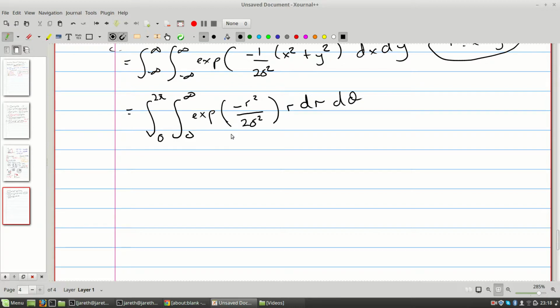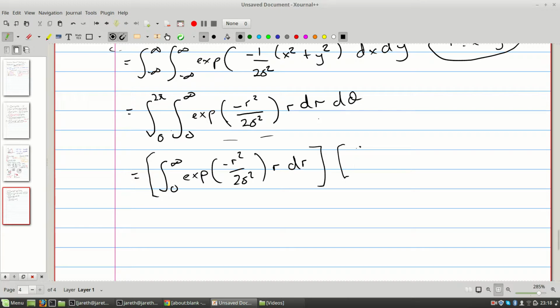So now that we have this integral, we can actually separate this further. So we can integrate the inner part first, then the outer part, since that's how we perform double integrals. So we can write this as the integral from 0 up to infinity of the exponential of minus r squared over 2 sigma squared multiplied by r dr. Then we can multiply this by the integral between 0 and 2 pi of d theta, right?